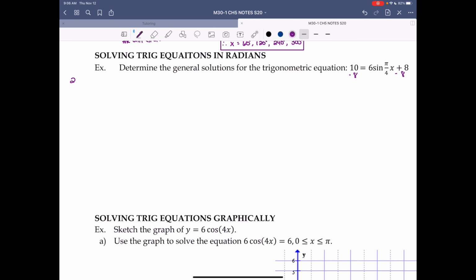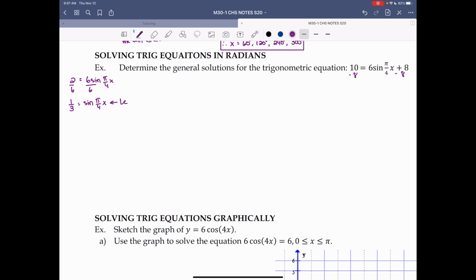We get 2 equals 6 sine of pi over 4 x. Next, divide by 6. We get 1 over 3 equals sine of pi over 4 x.